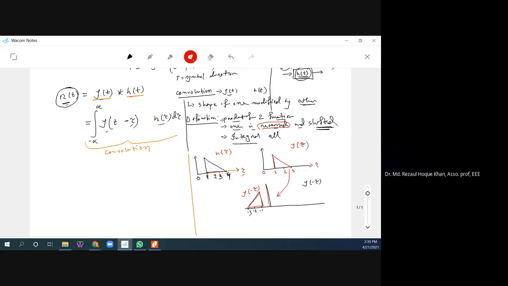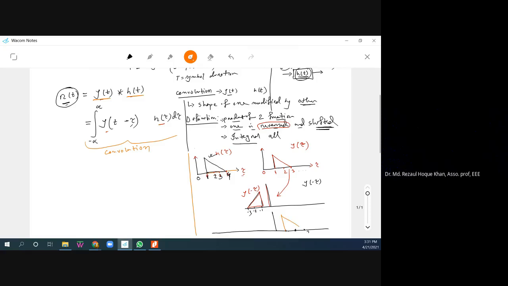Now we have to add t, so t minus tau, right? In the same scale, you see our h(t) was here, 1, 2, 3.